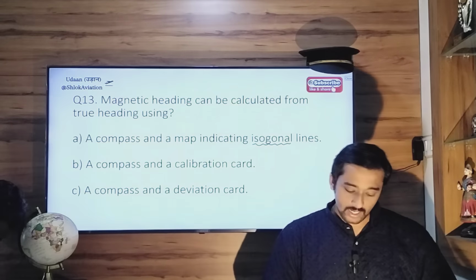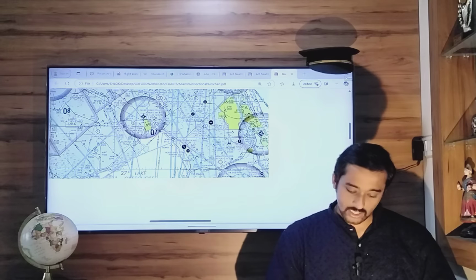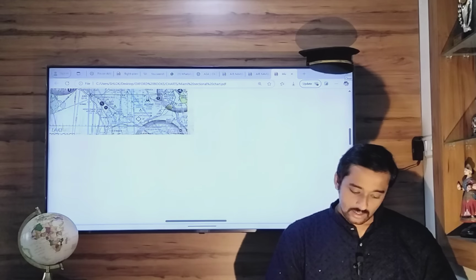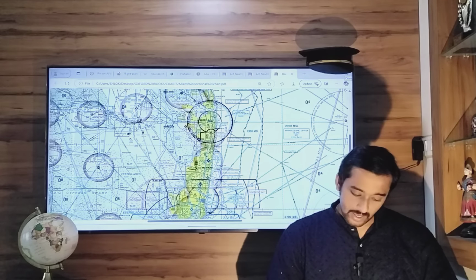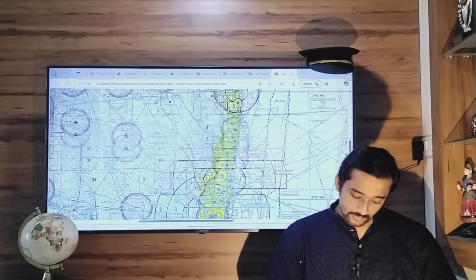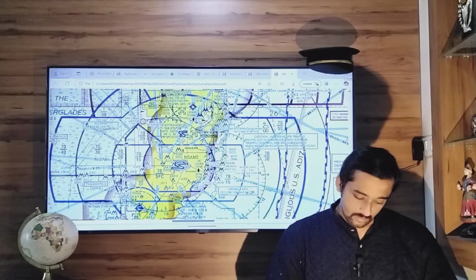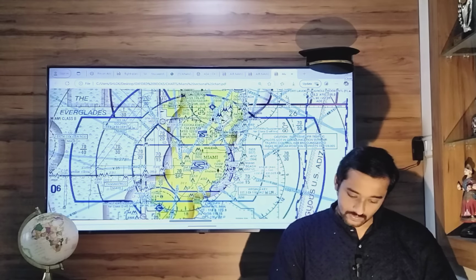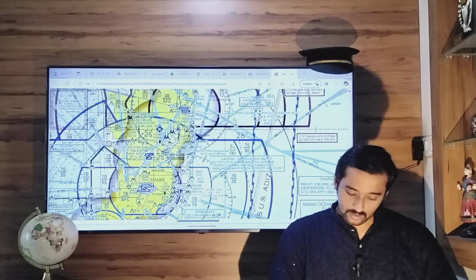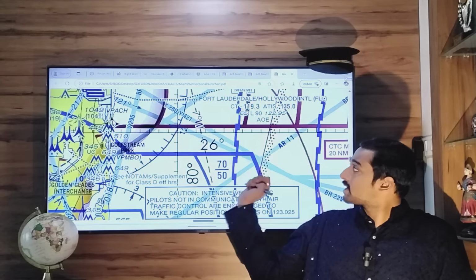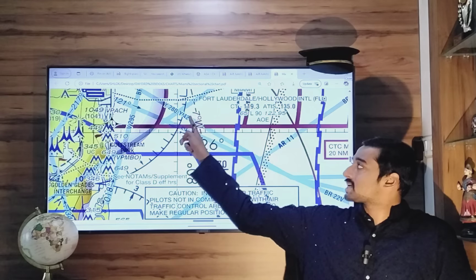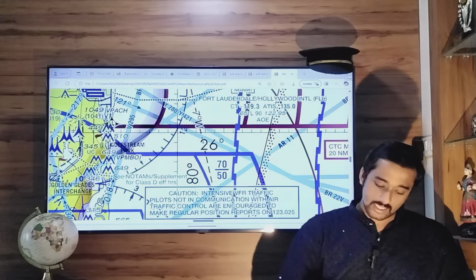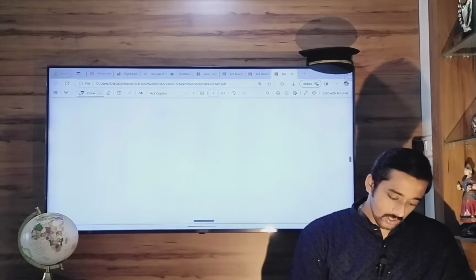Whatever chart you are using, let's say a national chart in the US, you can see a magnetic variation line, this red colored dash line, and it's written 7 degree west.